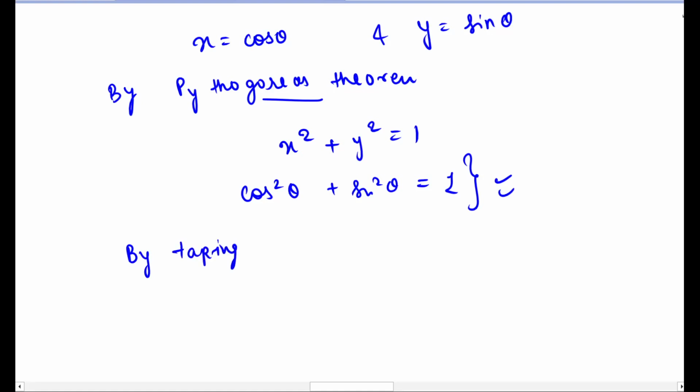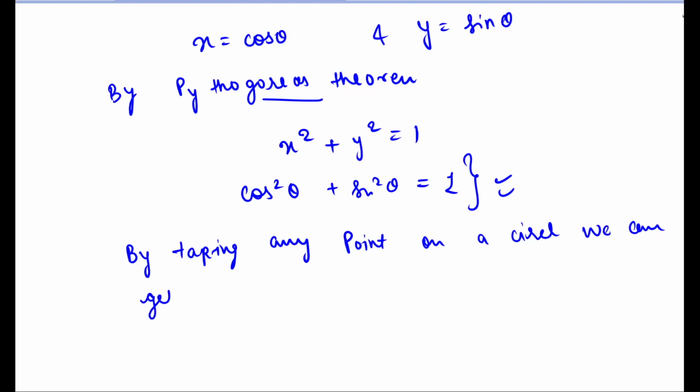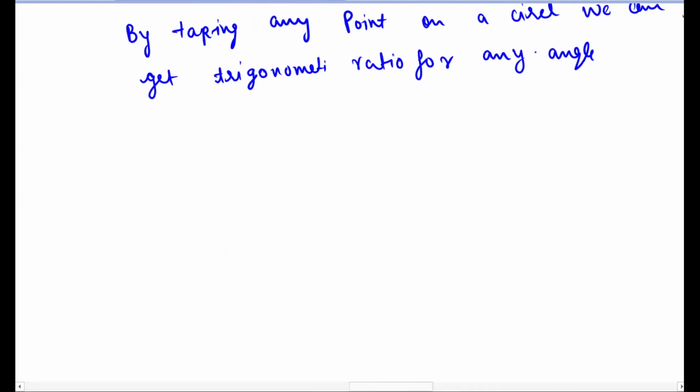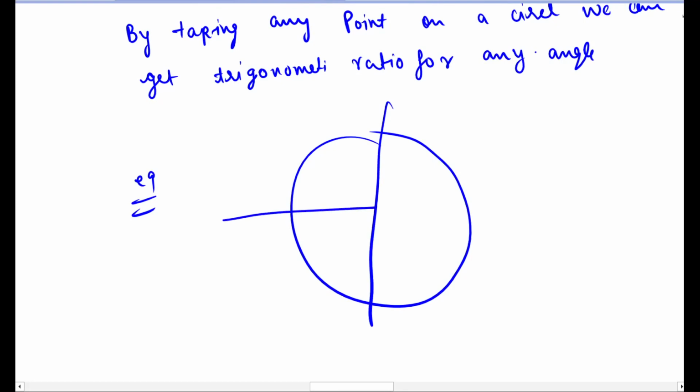By taking any point on a circle, we can get trigonometric ratio for any angle. So for example, we have a circle, and this is Cartesian coordinate.